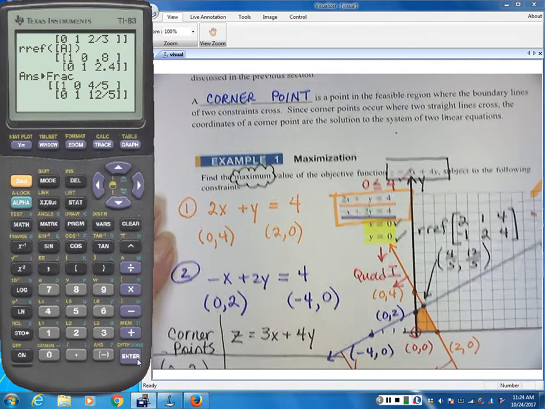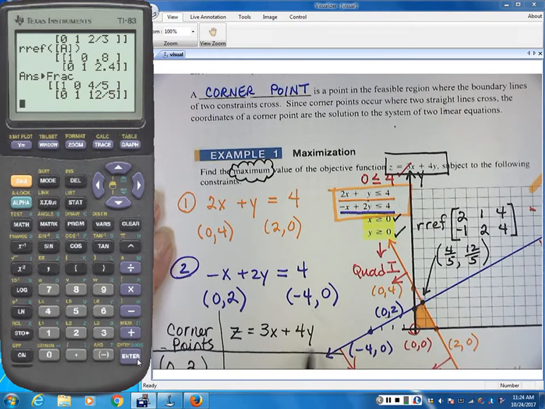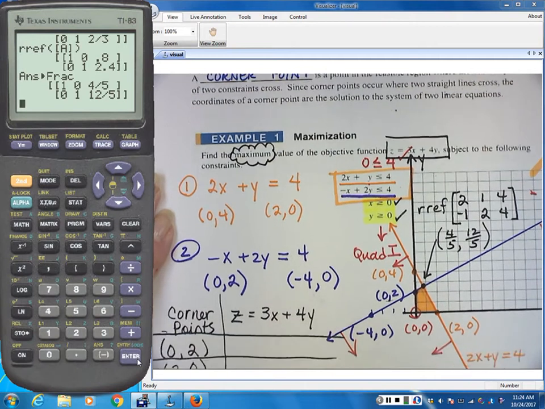So we're going to plug these values into this expression, do the arithmetic, and see which one of these 3 points gives us the highest value of z. That's what we're trying to do.